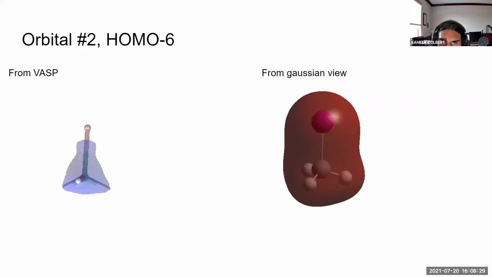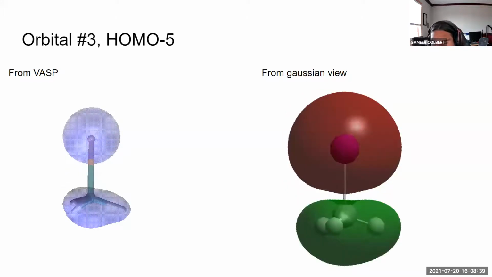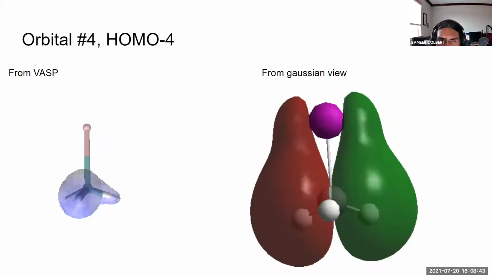And then we go on to HOMO minus 6. And there we have very similar orbitals in the VASP and the Gaussian view, which persists for most of it. So as we can see, similar again in HOMO minus 5, pretty similar in HOMO minus 4. I assume that's just the different percentage that is cutting it off at a certain area.